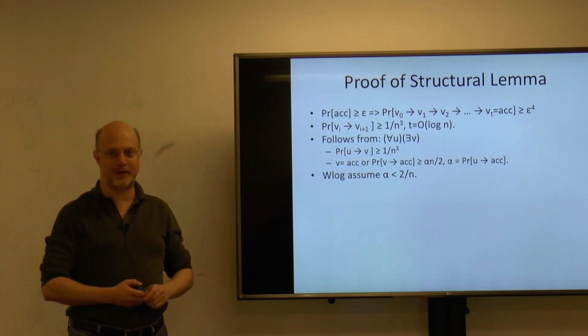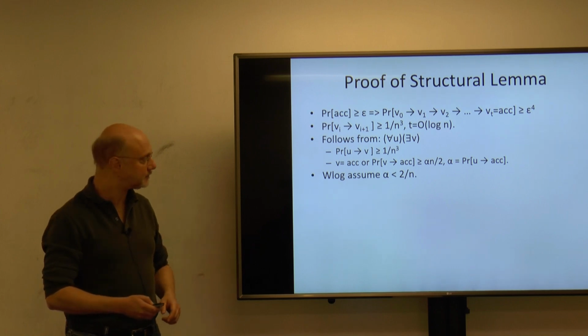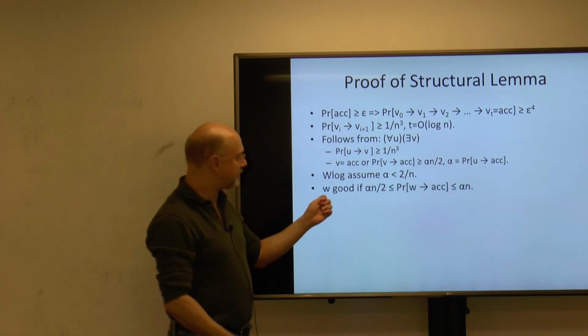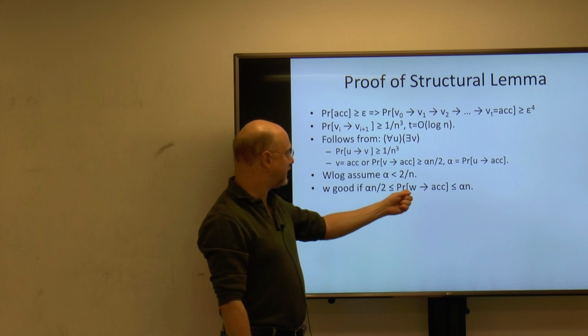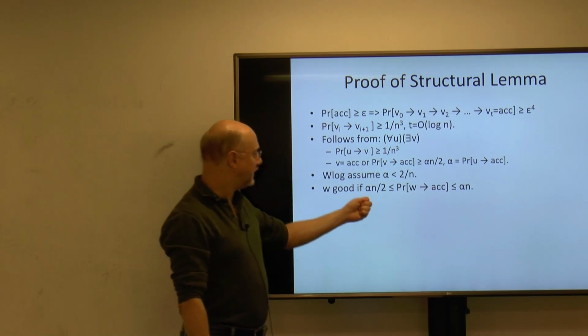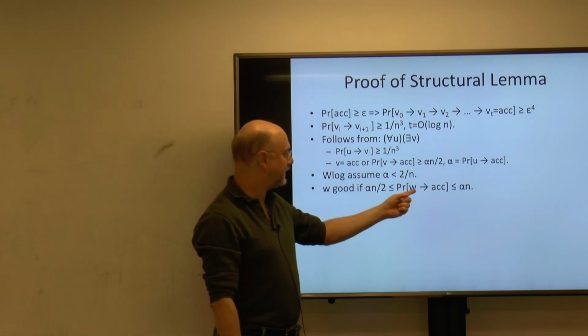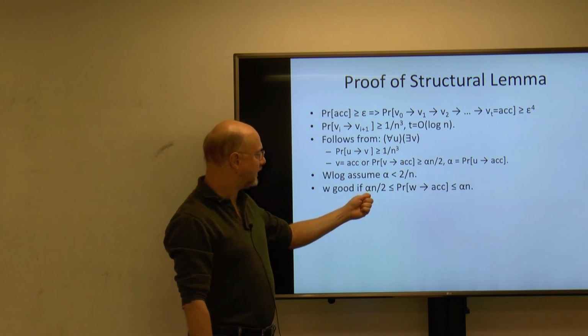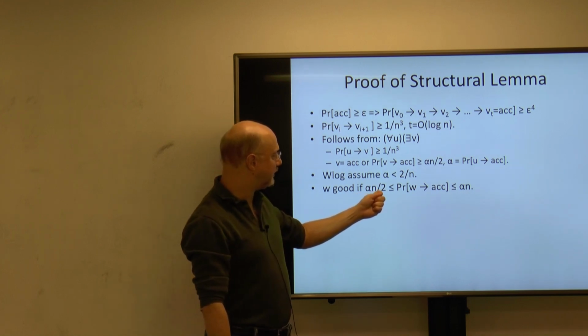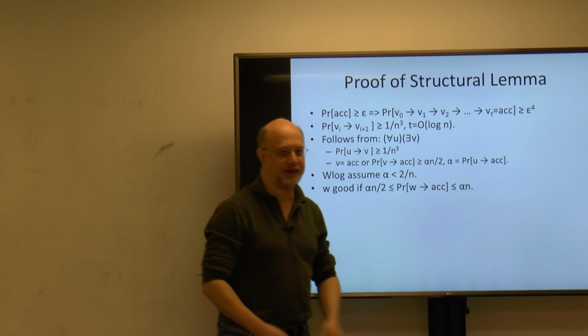So let's assume alpha is small. Let's define a good node to be one whose acceptance probability is between alpha n over 2 and alpha n.